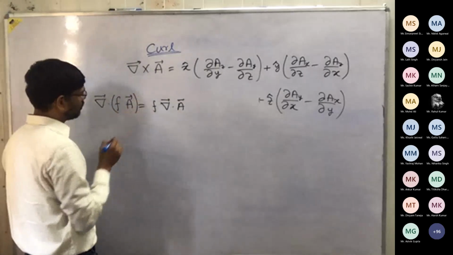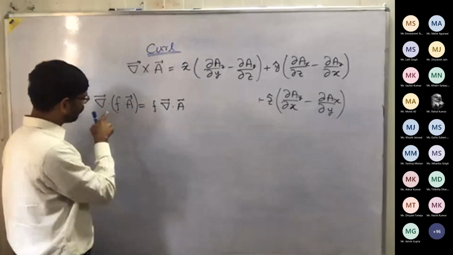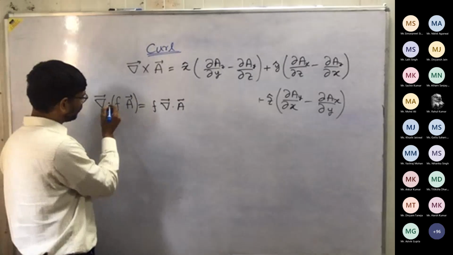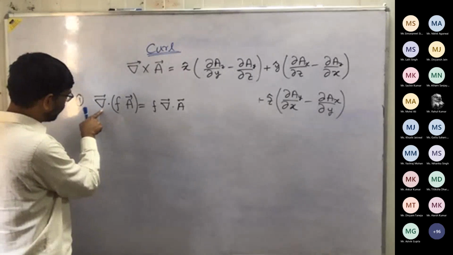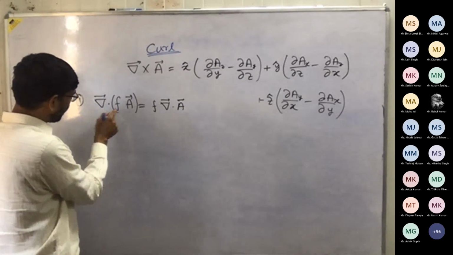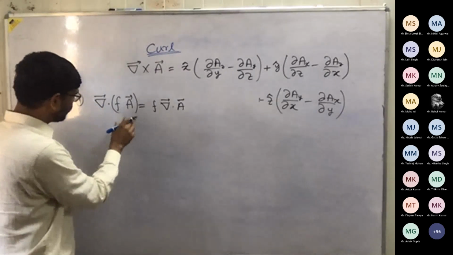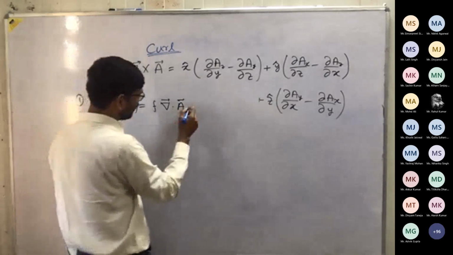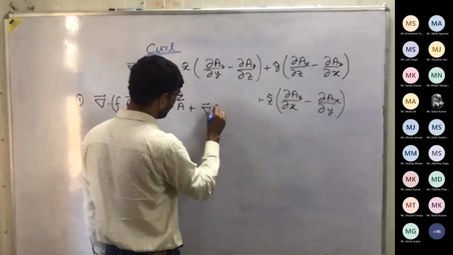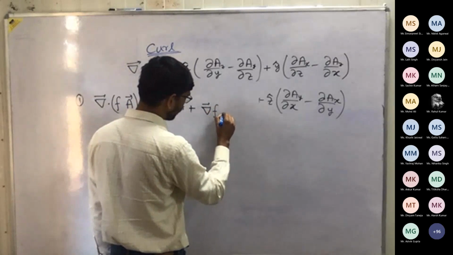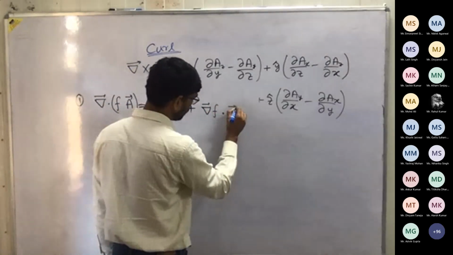If you are not very sure how to take this operation, you just put things in a bracket. So you have a del operator, and this will operate on these two. Then you'll have this quantity plus the gradient of a scalar function dot product with the vector.